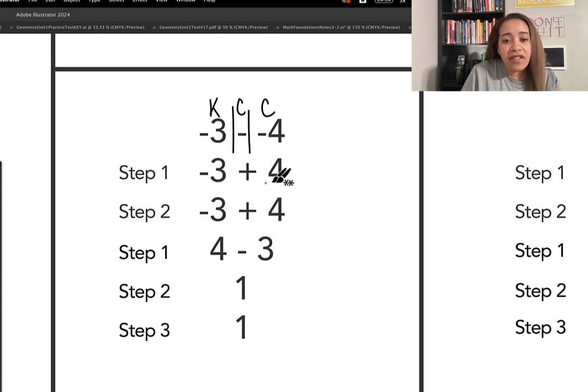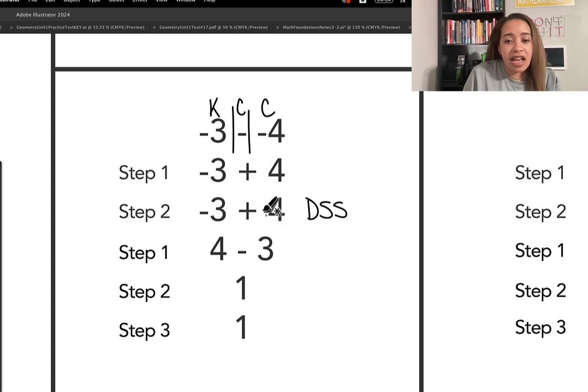So now I have an addition problem. Step 2 is to decide what type of addition problem I have, and this time I do see different signs. I see a negative number plus a positive number. So we will say different signs subtract.